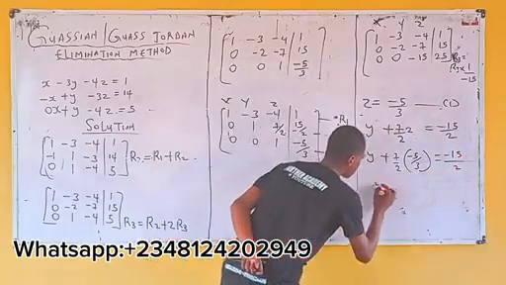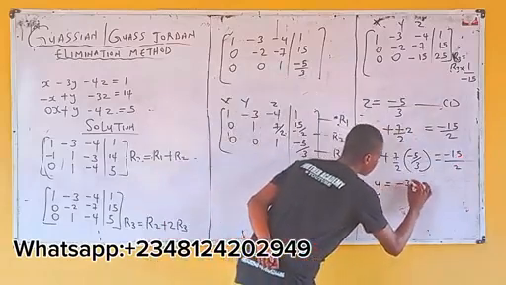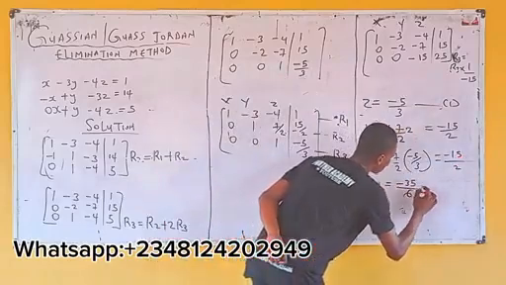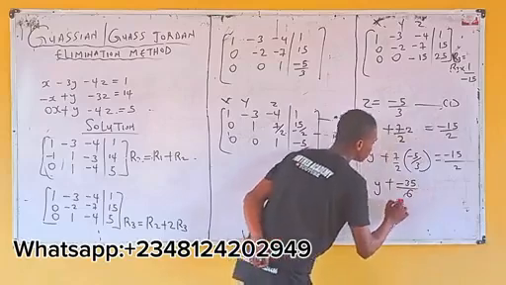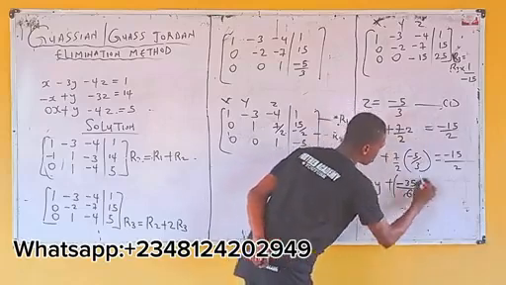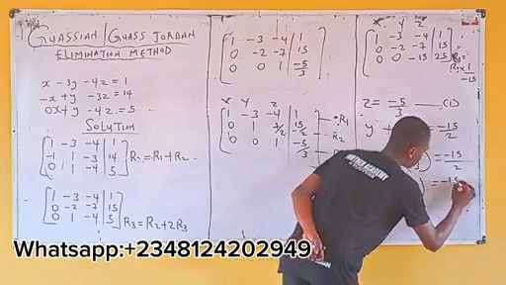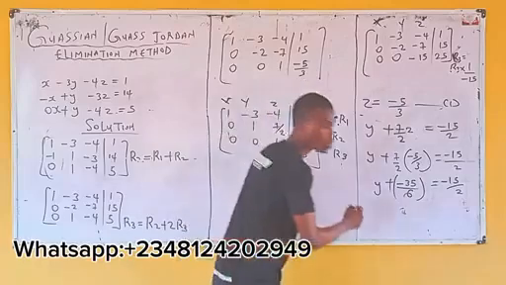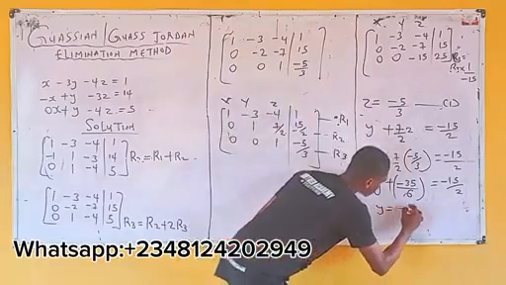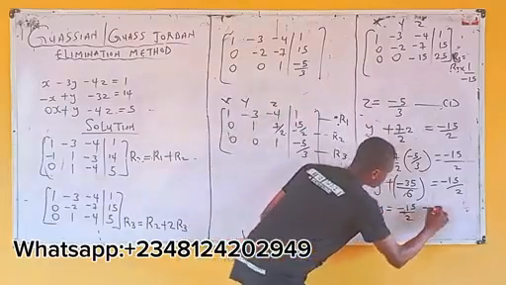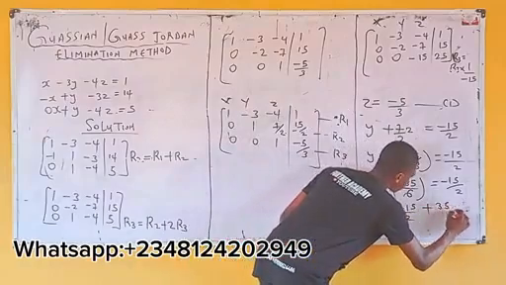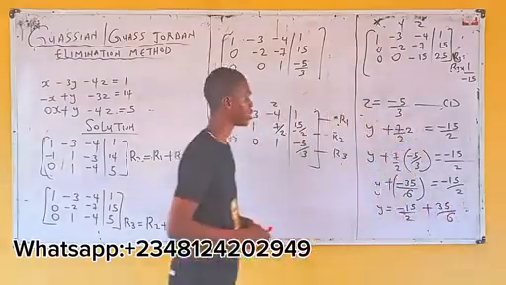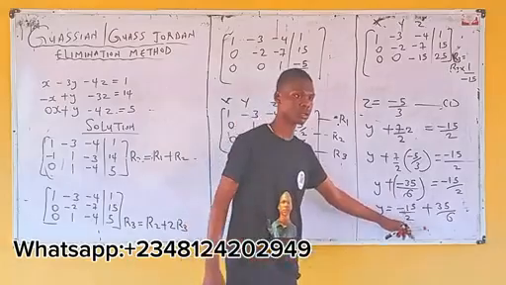Now open up your bracket. y plus negative 35 over 6 is equal to negative 15 over 2. Let's do this together. That will be what? y is equal to negative 15 over 2 plus 35 over 6. Hope no confusion.